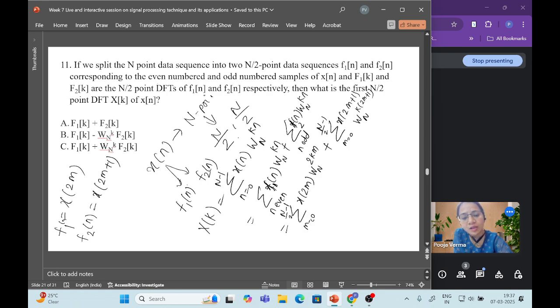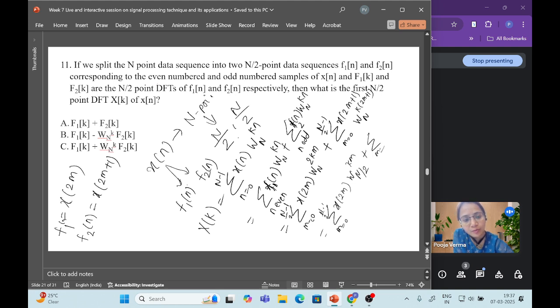Now if we further solve it, m will vary from 0 to N by 2 minus 1 of x(2m) W_(N by 2)^(km). We can write it like this.